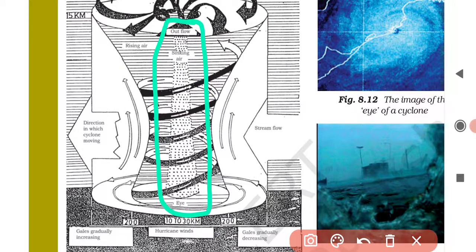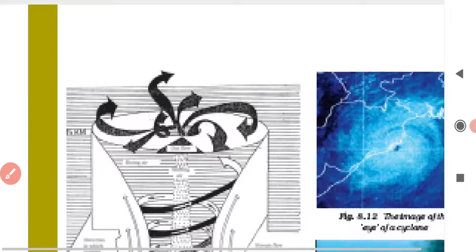Okay, clear? It is the center of the cyclone. This is the structure of a cyclone, and this eye is the center of the cyclone. The diameter of the eye of the cyclone varies from 10 to 30 kilometers.